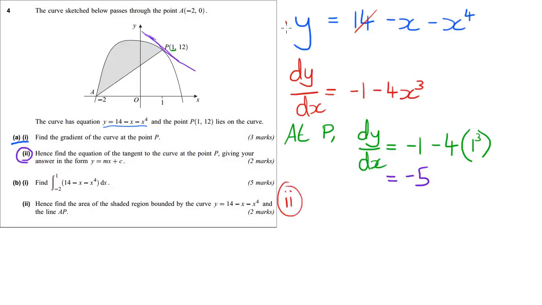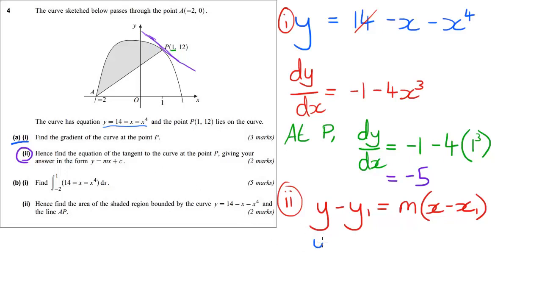This is II, this is part I. So what we want to do then is use our equation y minus y1 equals m(x minus x1), where x1 and y1 is the point that we know. So x1 is going to be 1 and y1 is going to be 12, the x and y coordinates of the point we know. And m is unintuitively our gradient. I don't know why it's m, but it is.